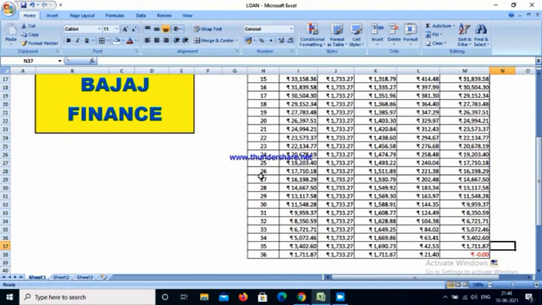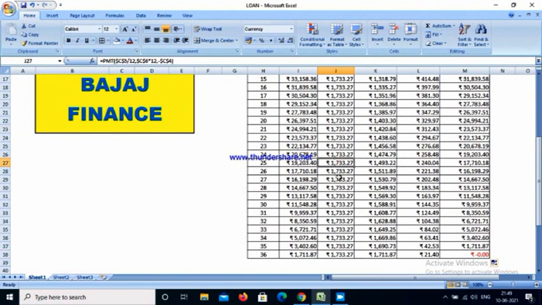So as we go, students, look at here, this one is our interest amount column. Our interest amount will be decreased. In the end there will be no interest and no EMI value or closing value remaining in your table. Your principal amount will be increased as you go toward the end of the table.